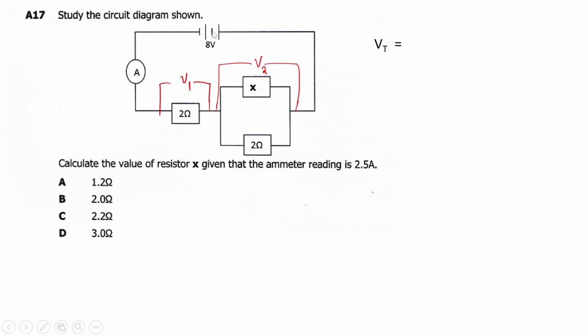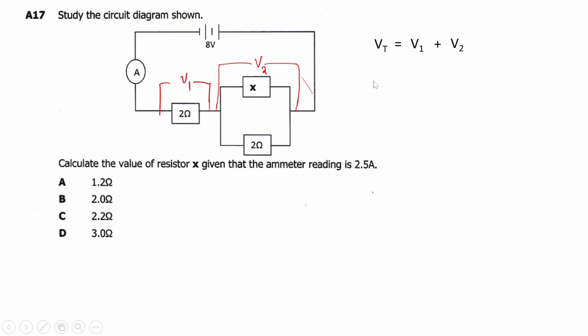You see, this resistor here and these are in series. So voltage total is equal to the voltage here and the voltage here. So we are saying voltage total is equal to the voltage across resistor 1 plus the voltage across these resistors in parallel, which we are calling voltage 2.